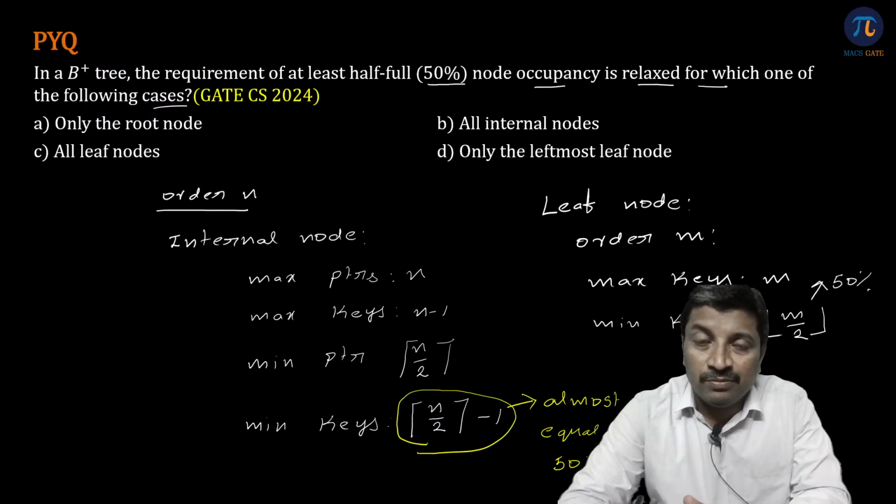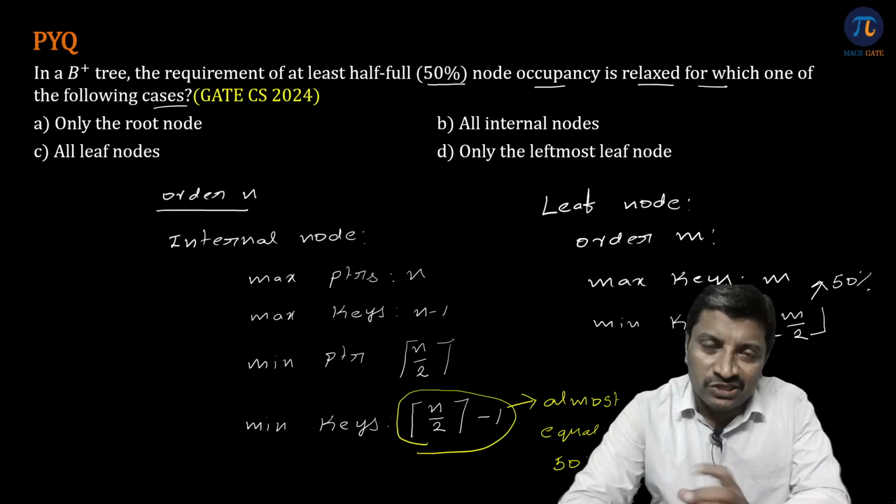That is the condition. But this condition is relaxed for one particular node. What is that particular node? Every leaf node, every internal node should satisfy this condition. There is no other choice.